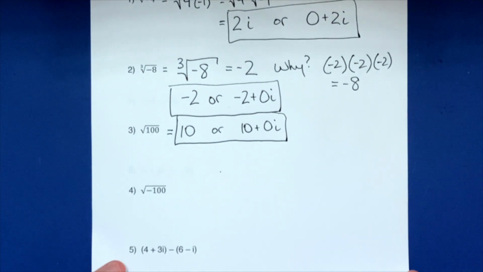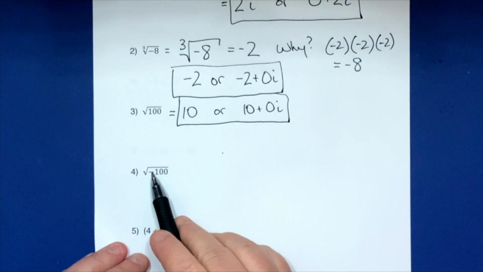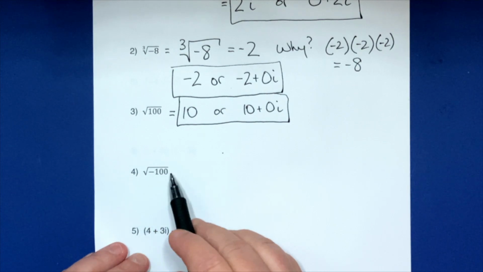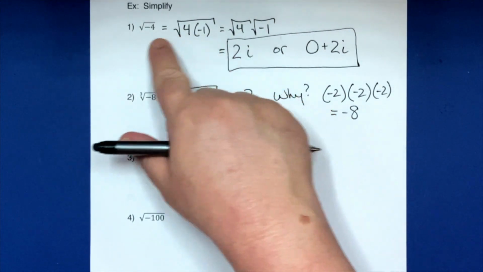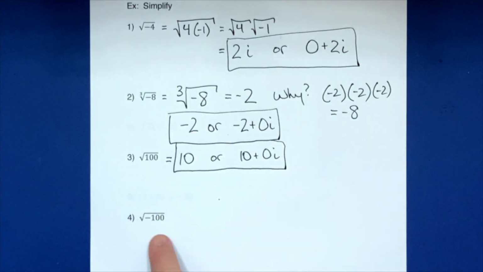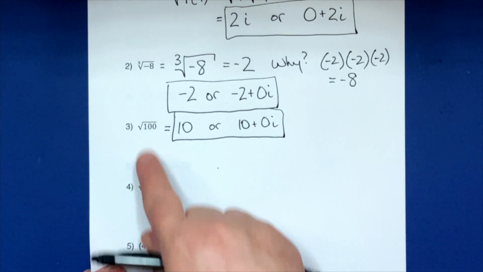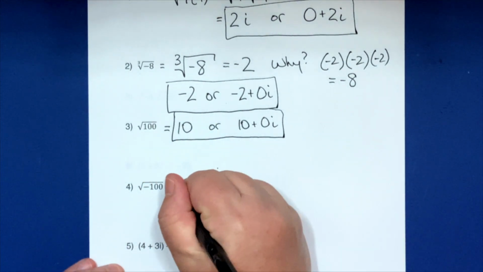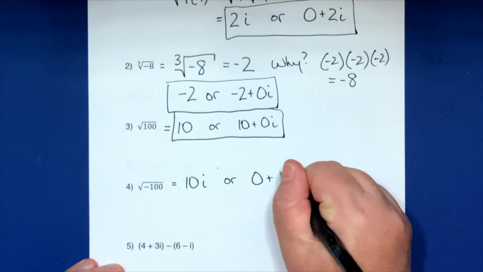Okay, next one. I've got radical -100, or the square root of -100. In exactly the same way we did it up here, that minus sign inside the square root, that's where we're going to get our i. And the square root of 100 is 10, so this is going to be 10i, or 0 plus 10i.